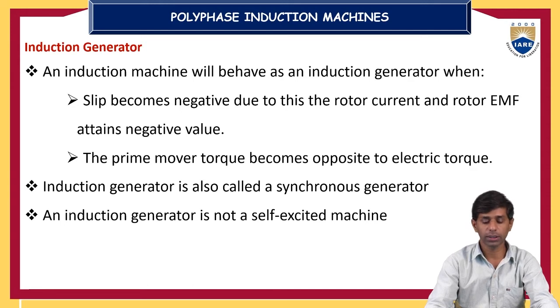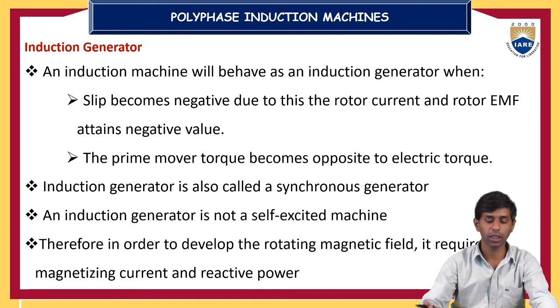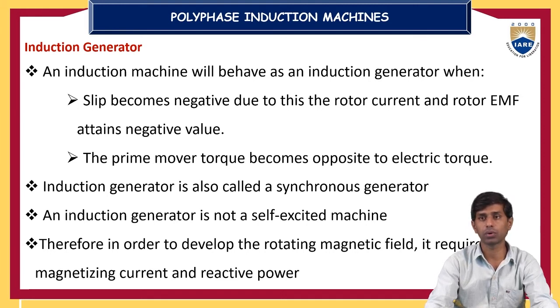The prime mover torque becomes opposite to the electric torque, right? The induction generator is also called an asynchronous generator. But here, the induction generator is not a self-excited machine. It requires an auxiliary source from an external source to supply the magnetizing current to produce a rotating magnetic field, and it also requires reactive power from external sources.